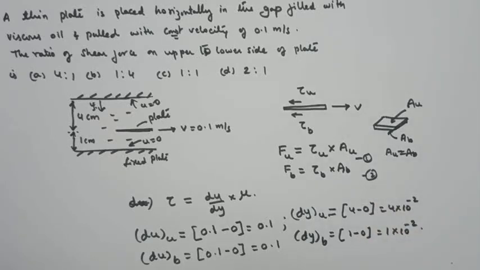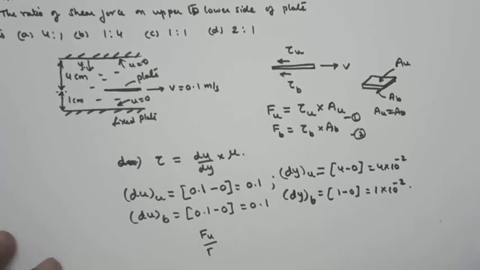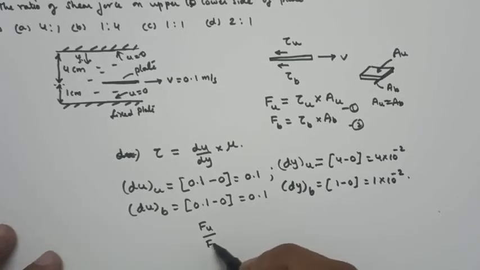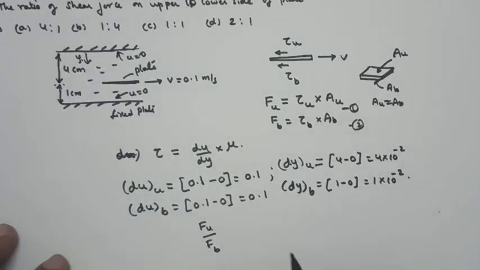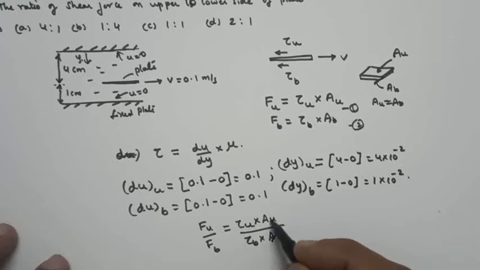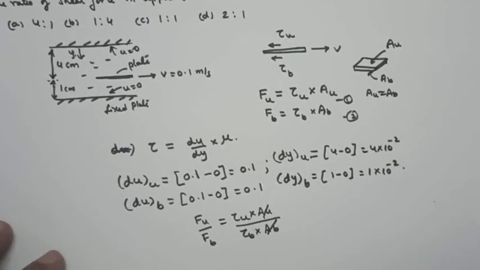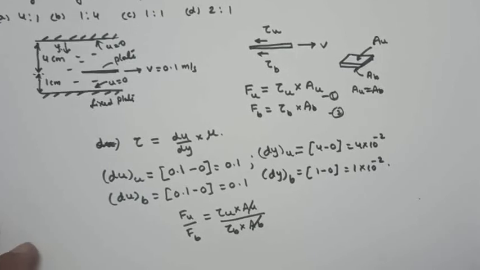Fu divided by Fb is what is being asked. That is the ratio of shear force on the upper to the bottom side, Fu by Fb, which is shear stress upper into AU divided by shear stress bottom into AB. Luckily the areas are going to cancel, which reduces some computation further.